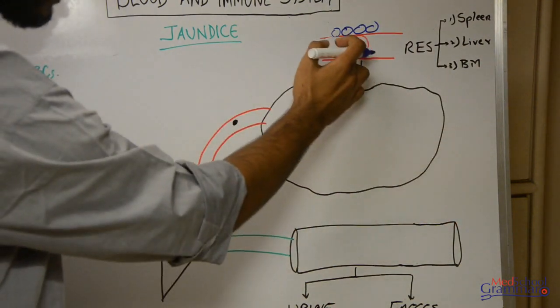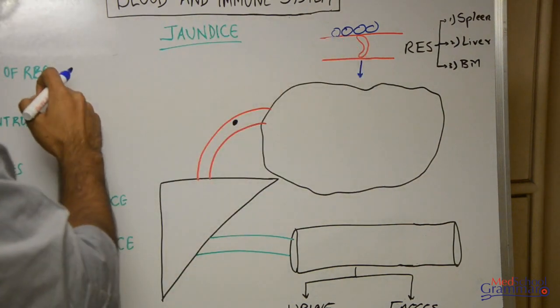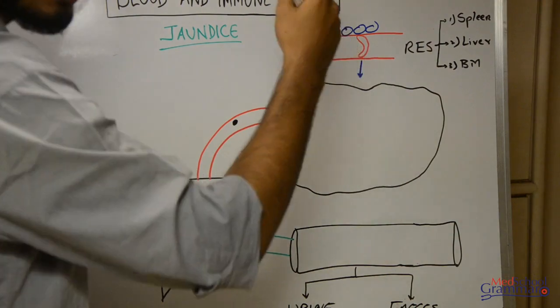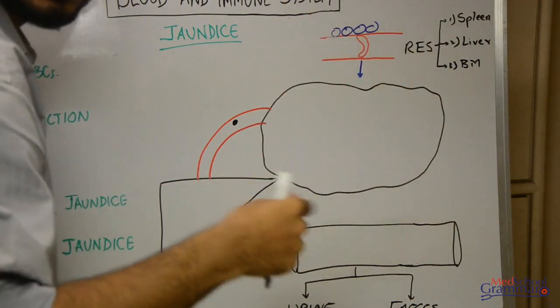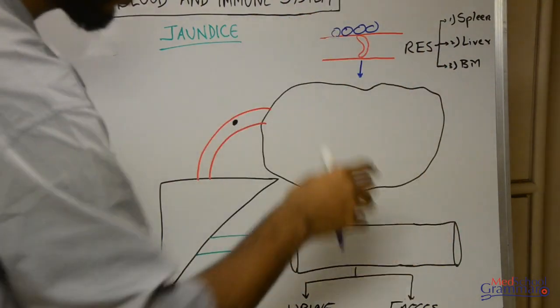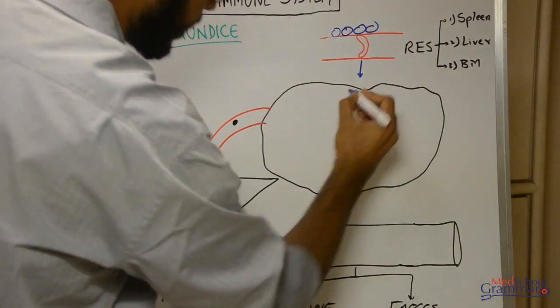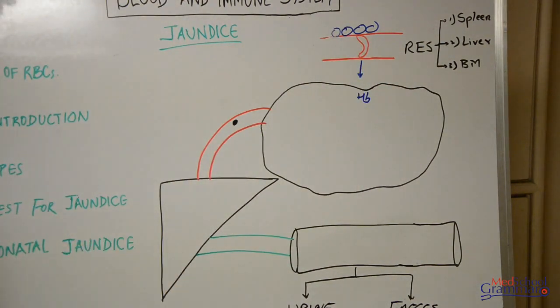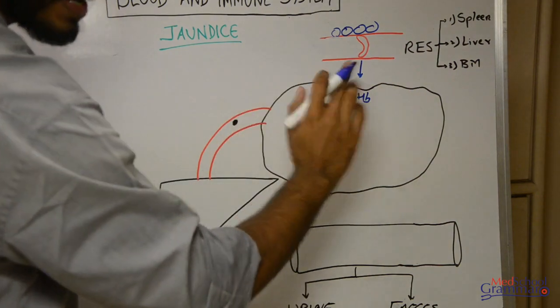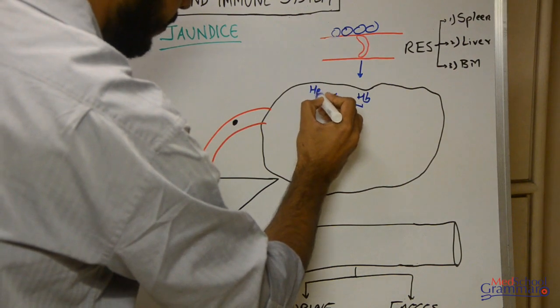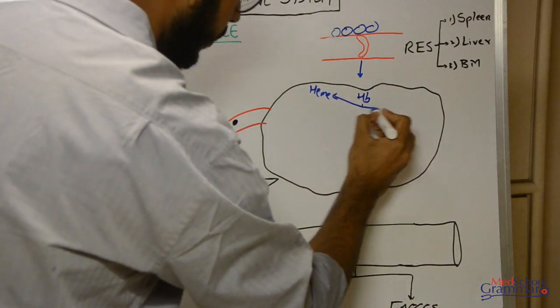Now, we're talking about the fate of RBCs. When the RBC membrane is fragile, it breaks open and releases hemoglobin. This hemoglobin is taken up by these macrophages. As hemoglobin enters the macrophage, it is split into two components, heme and globin.